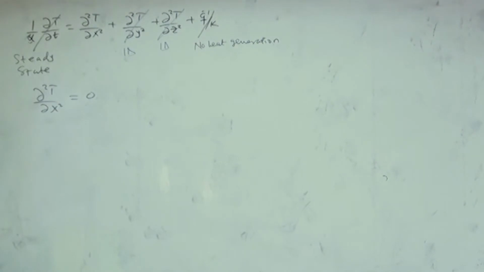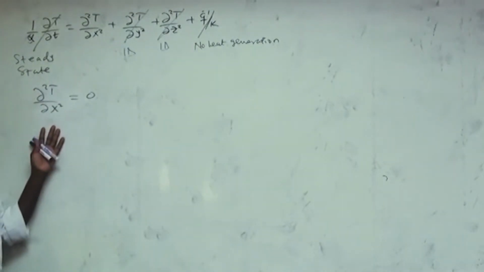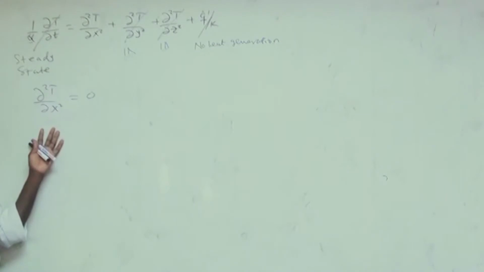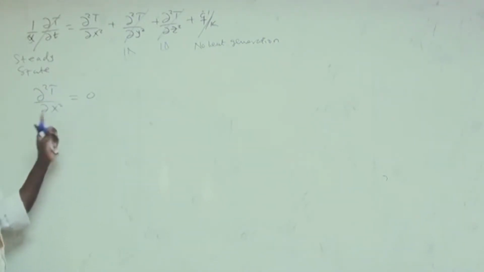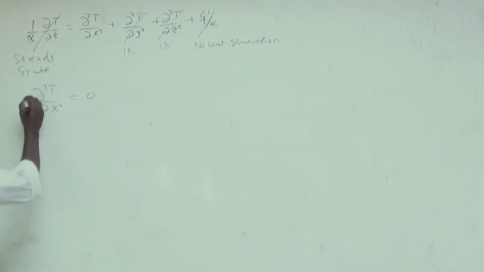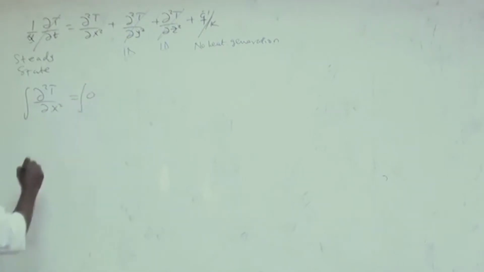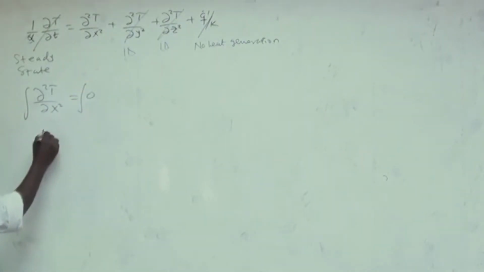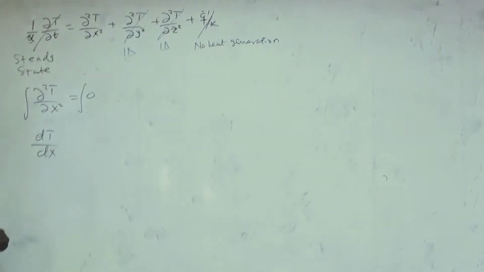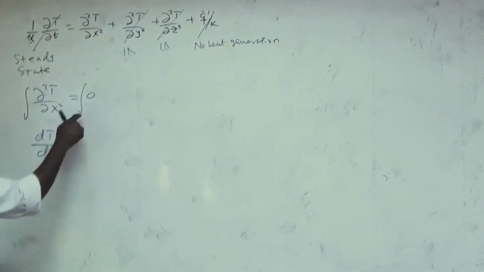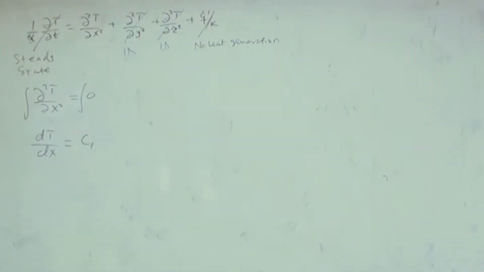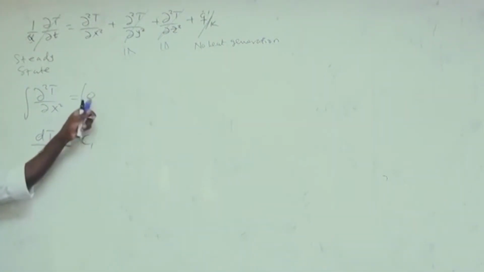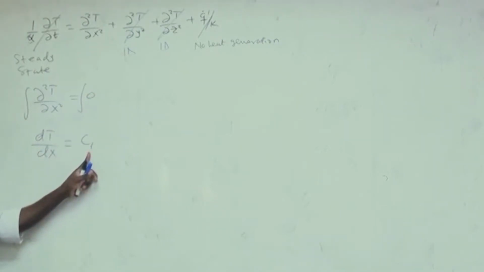So now we need to integrate this function. To find the temperature as a function of x, we need to integrate this. If I integrate the second derivative of this function, it is going to give me dT over dx, and this will give a constant C1. You integrate 0, you get a constant.